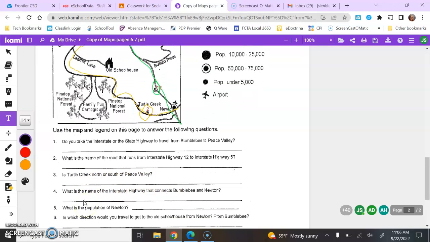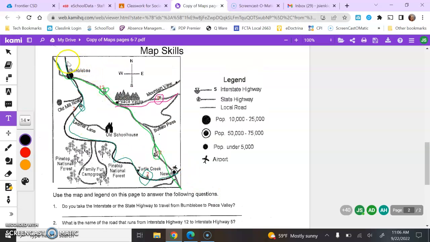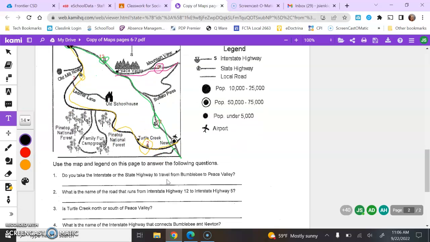Number 4, what is the name of the interstate highway that connects Bumblebee and Newton? So we're going to find those two up here, and I know Bumblebee's here, and we're going to look for Newton. It's all the way over here. So we have Bumblebee and Newton, and if you look, we have 2 roads that actually connect those two.